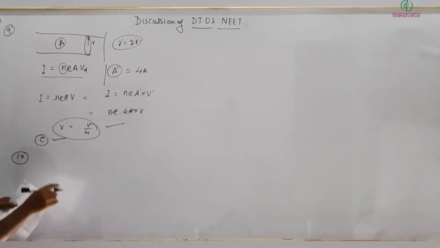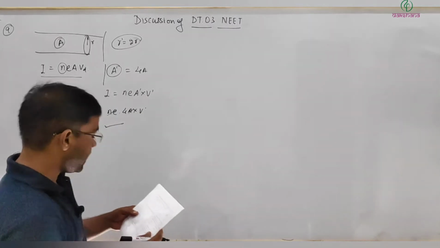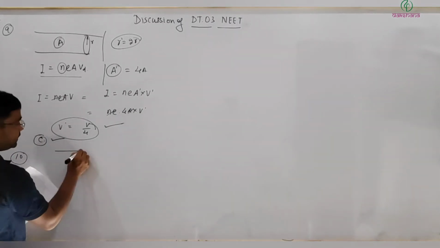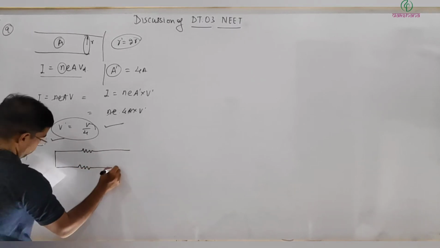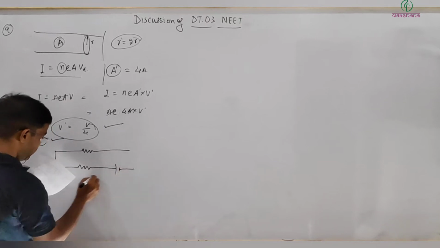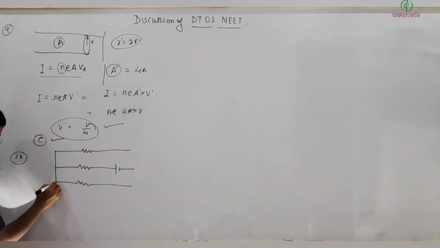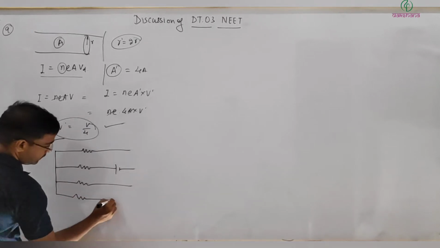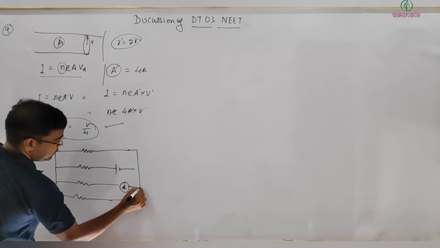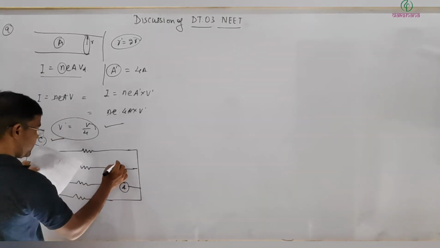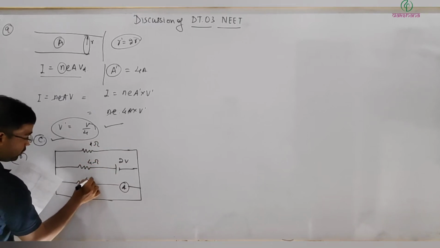Next is question number 10. The current I coming from the battery and the ammeter readings are asked. So here you are given this system, a battery of 2 volt, and 4 ohm, 4 ohm, 4 ohm.